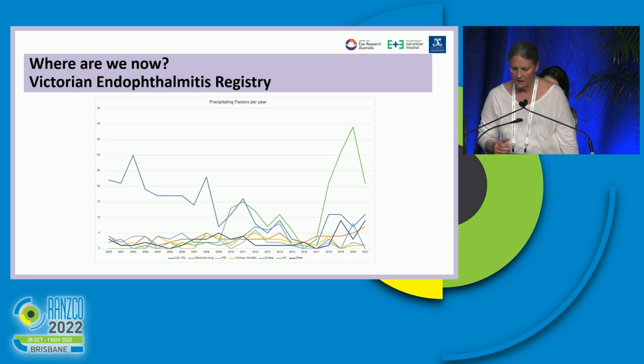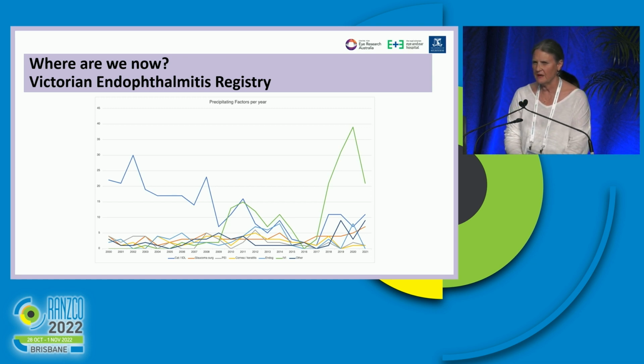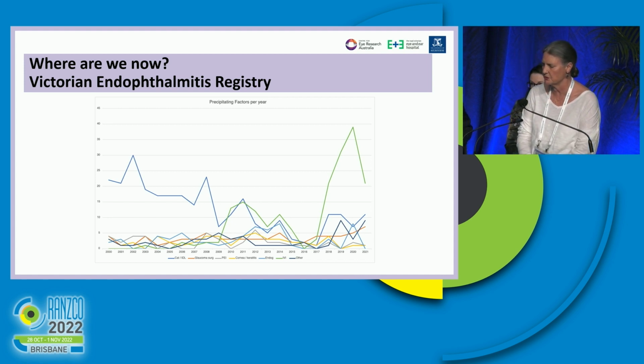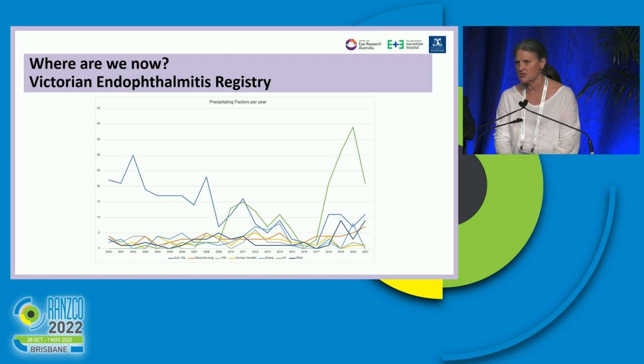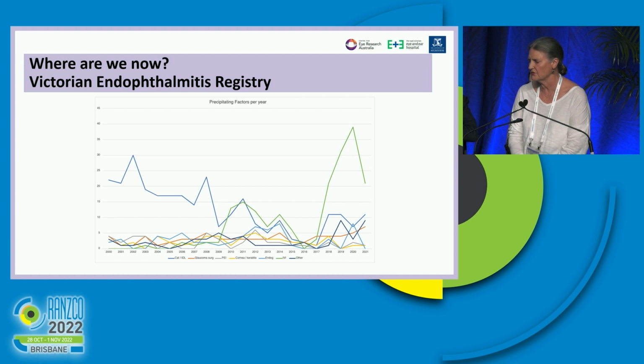So where are we now? I just wanted to talk about our registry and how we've been collecting cases of endophthalmitis that present to the Royal Victorian Eye and Ear Hospital now for over 20 years. And it's when we look at a graph like this that I think it is useful to just see the changes in the spectrum of disease.